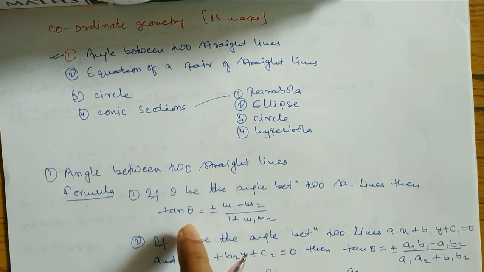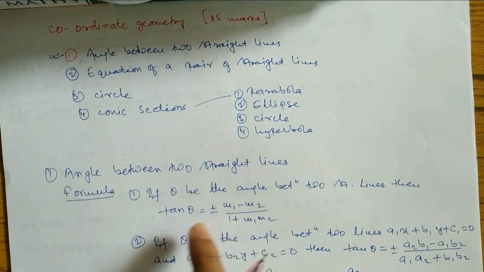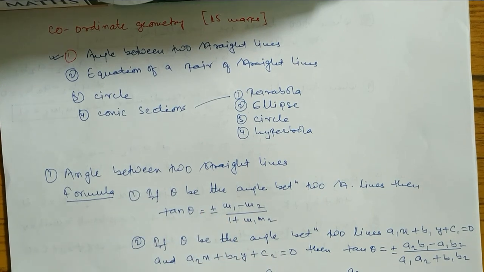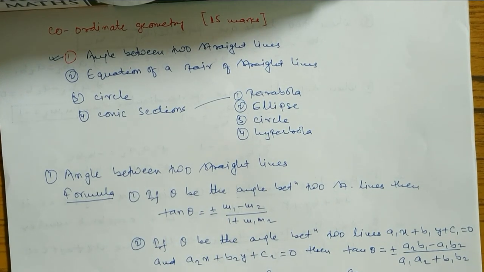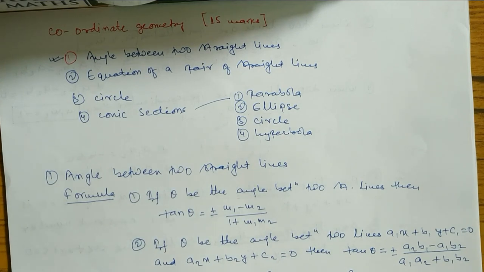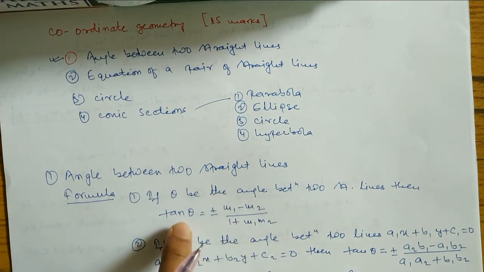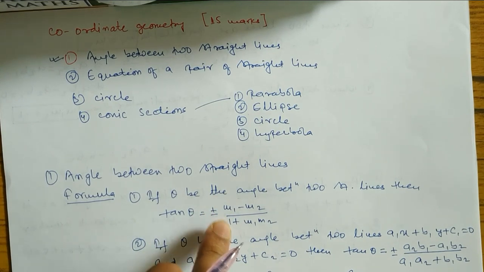Acute angle lies between 0 to 90, and tan theta is positive in the first quadrant and third quadrant, but we take the first quadrant because we are talking about the acute angle. Obtuse angle lies between 90 to 180, so we take the negative sign.